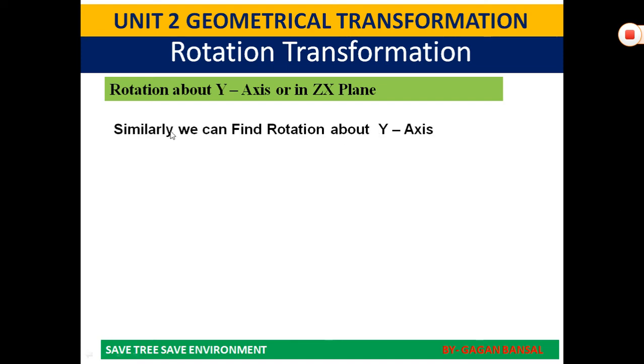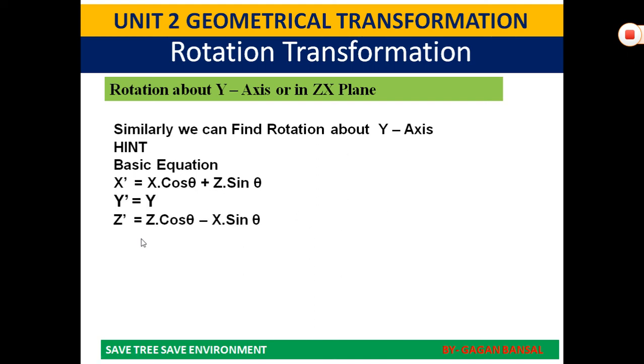I am again giving you the hint that similarly we can find rotation about y axis. The basic equations are x dash will be equal to x cos theta plus z sin theta, y dash will be equal to y, and z dash will be equal to z cos theta minus x sin theta. This is very important. Hope you understand. And with these equations, how we will generate the matrix: x dash y dash z dash, that is a row matrix, equals xyz.